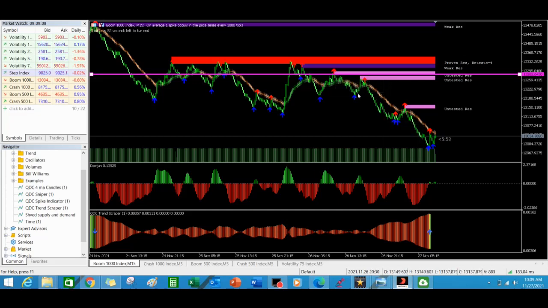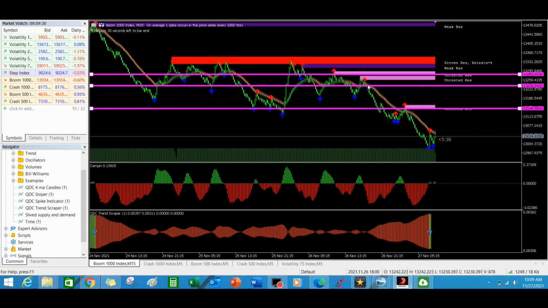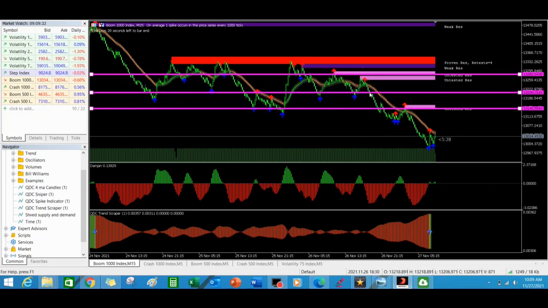Then after it goes down to this level, you can put your stop loss. Let's say the price action gets to this level, you can put your stop loss somewhere here at the middle. You just calculate the middle and put your stop loss somewhere here, and as this is going down, you adjust your stop loss to the middle again.